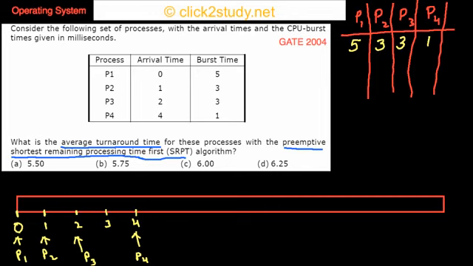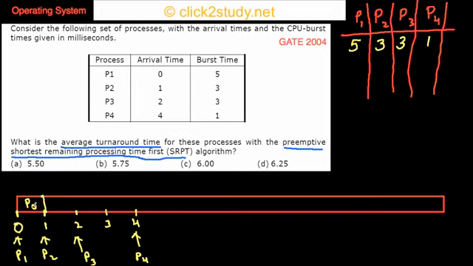Then you can see what will happen. Right now at time 0, P1 is the only process. It will go from 0 to 1.